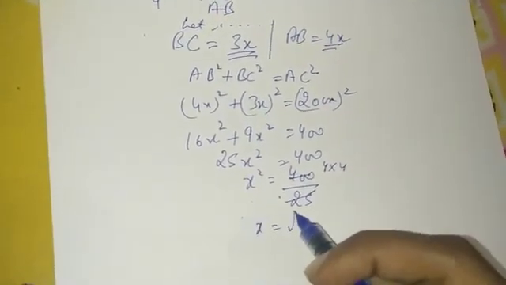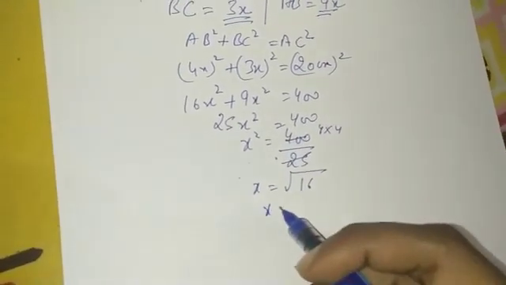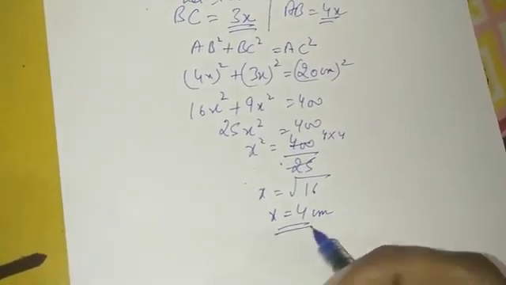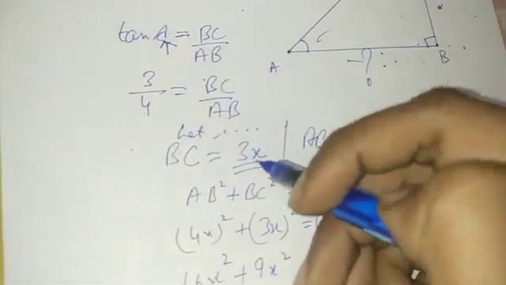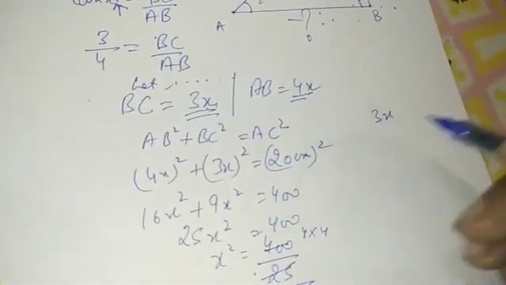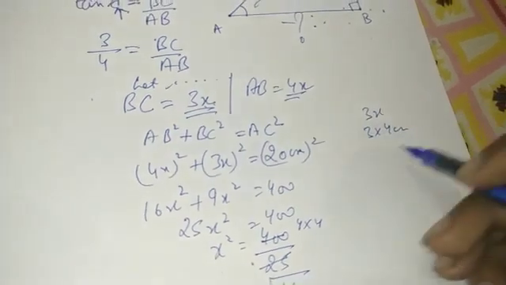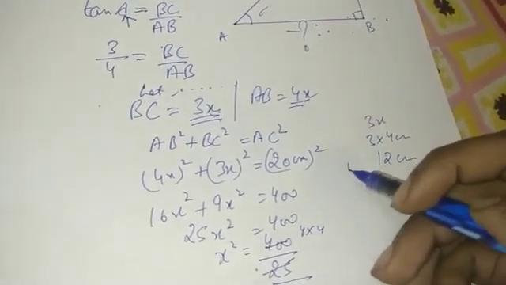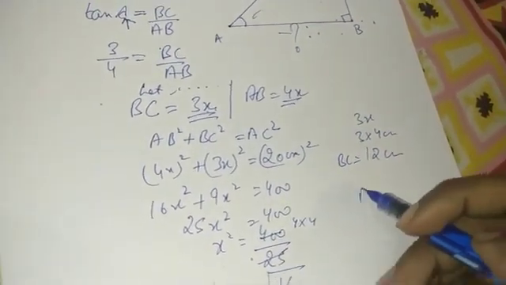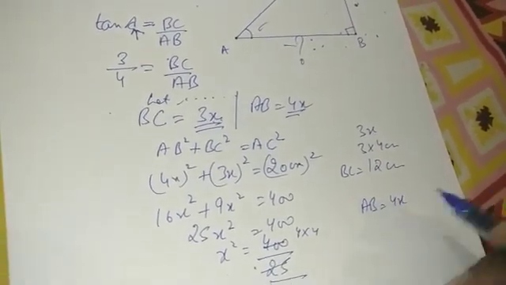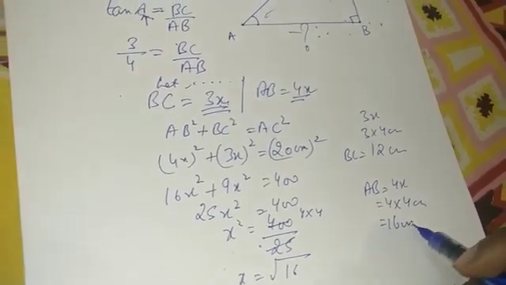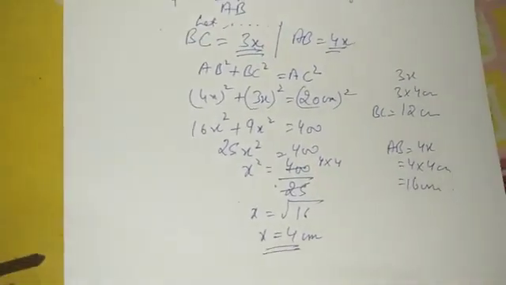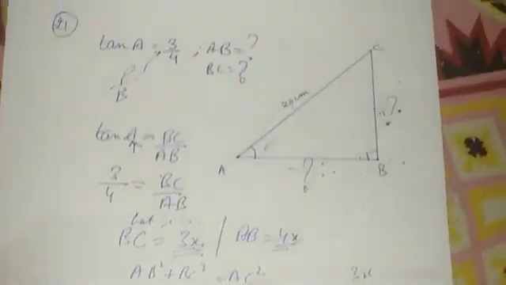So x will be equal to the square root of 16, x will be equal to 4 centimeter. This is the multiplying factor, but this is not the actual length. We have to substitute for 3x. So 3x means 3 into 4 centimeter. That will be 12 centimeter for the length of BC. Similarly for the length of AB, since it is 4x, it will be 4 into 4 centimeter. So that will be 16 centimeter. That's it. That is what we had to calculate.